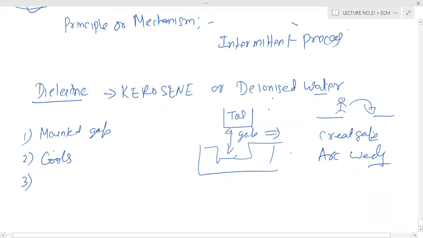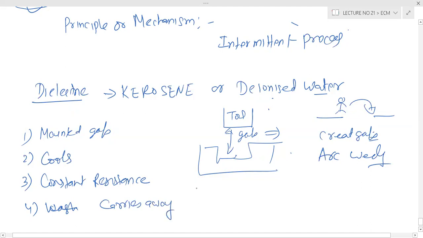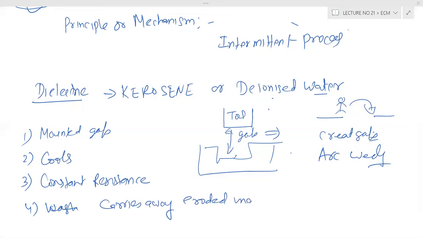Then you have a constant resistance. Then it washes away, or we can say it carries away the eroded material.